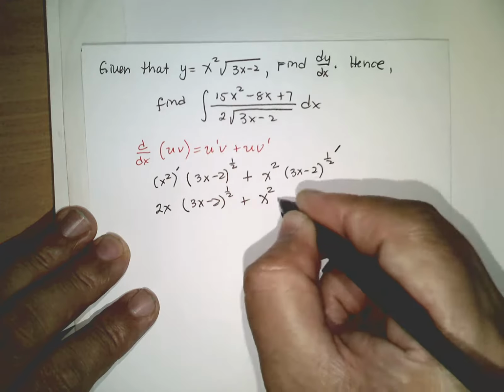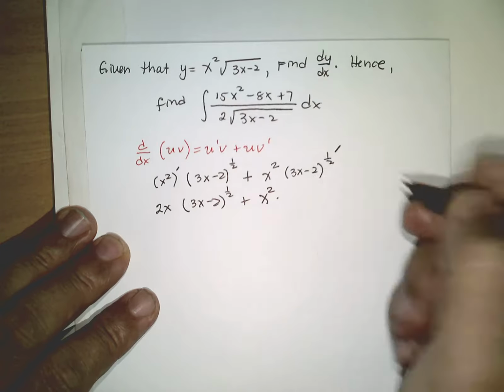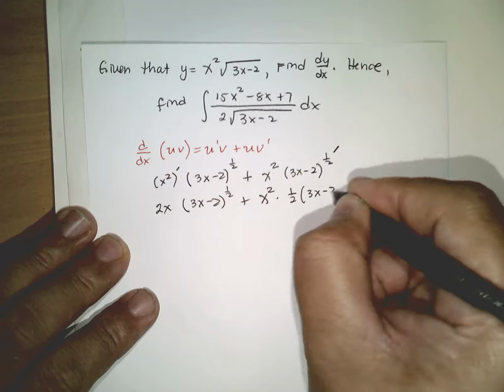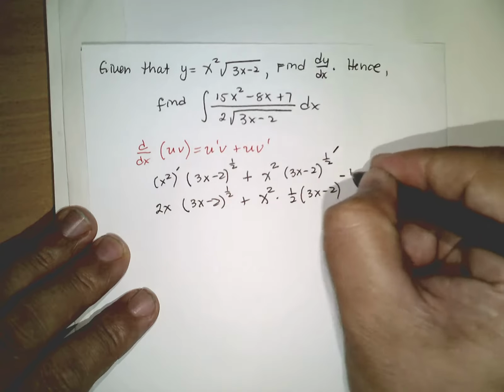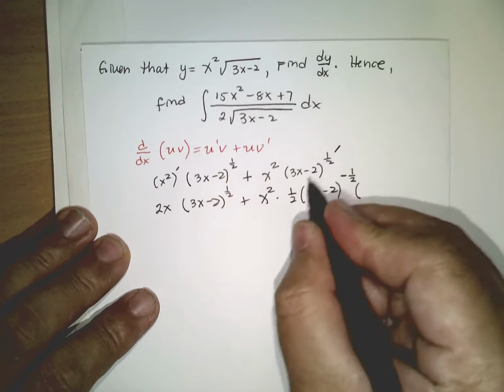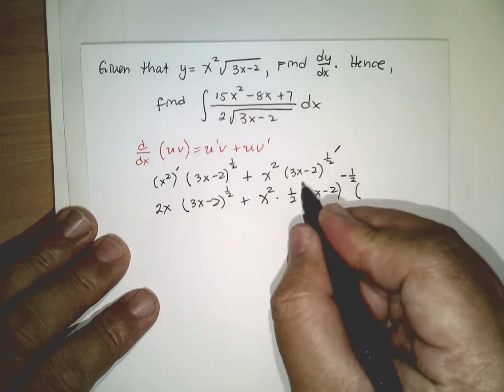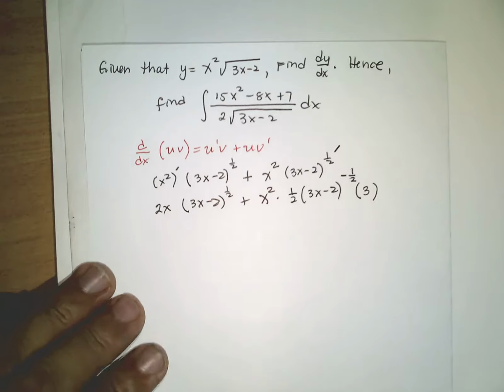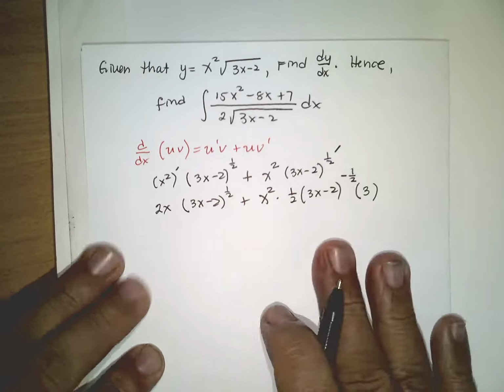x squared, then times the derivative of this. So the derivative of that is 1/2 times (3x − 2)^(−1/2) times, again, the chain rule, times the derivative of 3x − 2, which is 3. All right, then that's it.